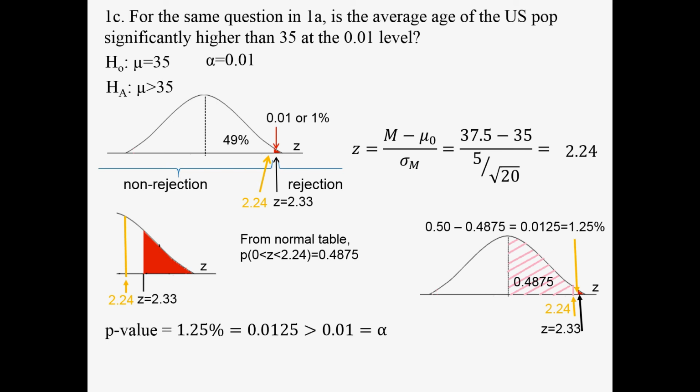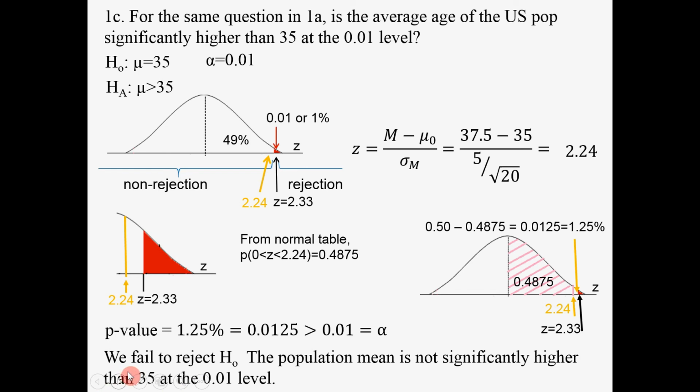So from this, we make the decision that we fail to reject the null hypothesis, and we conclude that the published mean is not significantly higher than 35 at the 1% level. That means that if the published mean is 35, the probability of obtaining a sample mean of 35.75 is very high. So that's why we cannot reject the null hypothesis.